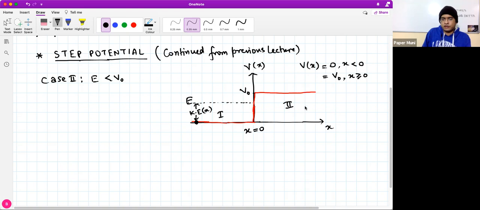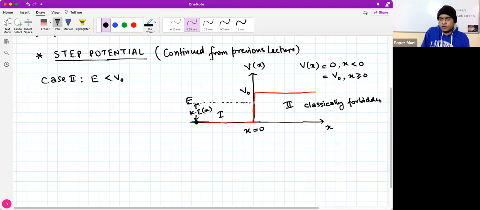Classically, for this particle energy only. We are not talking about the previous case, where all the regions were classically allowed. In this case, since the energy is less than V naught, region 2 is classically forbidden.